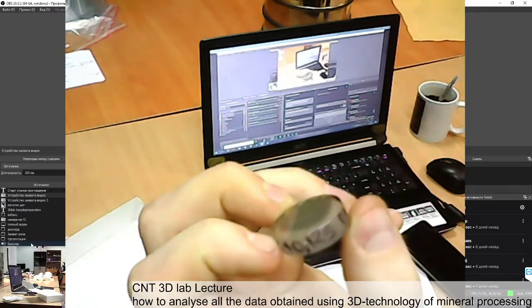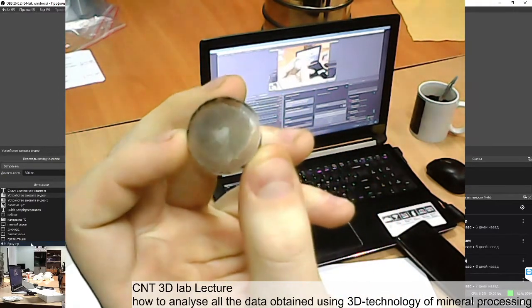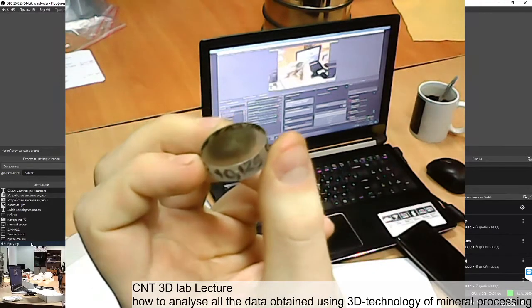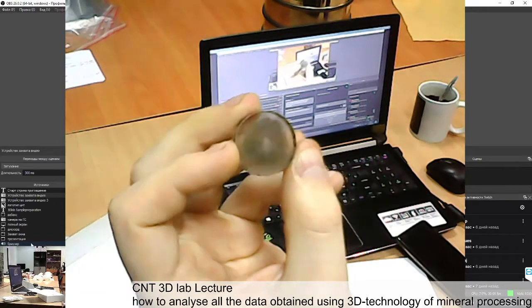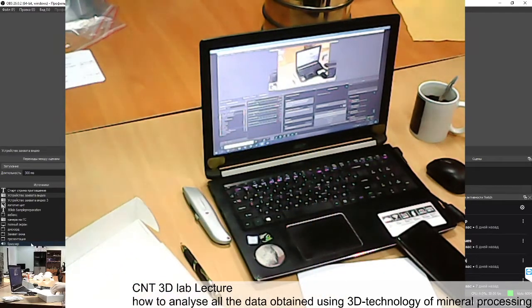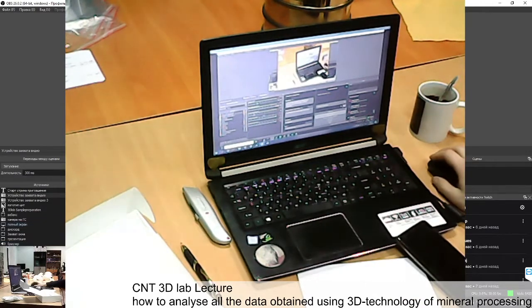I think you really now know why we use these monolayer polished thin sections, because we are cutting the grain right in the middle of the grain.